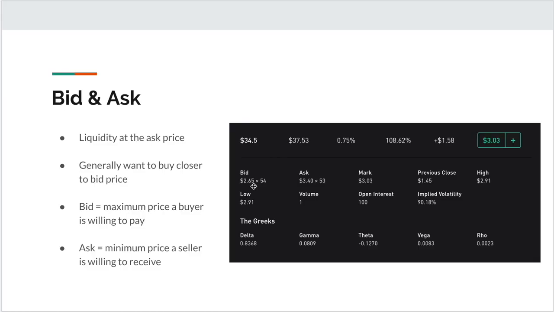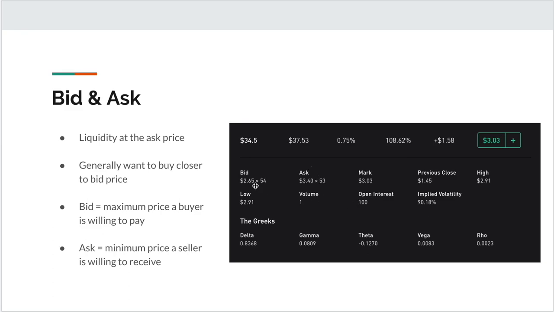Both parties are bidding way too low and asking way too high. Based on the stock's price, maybe asking $3.40 is way too high, or based on the popularity of this stock. Remember, the more popular a stock is, the more likely it will have a tighter spread, because more people are looking at it and trading it, which will go into volume and open interest in just a second.